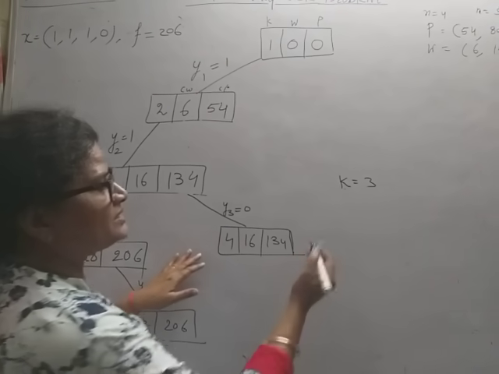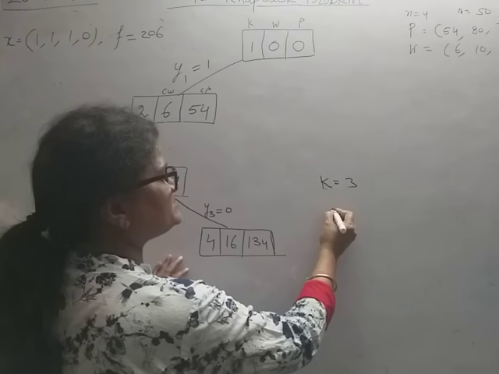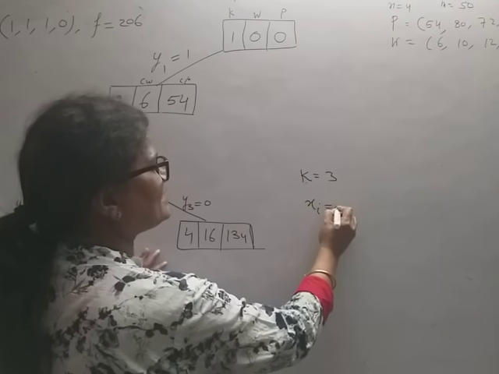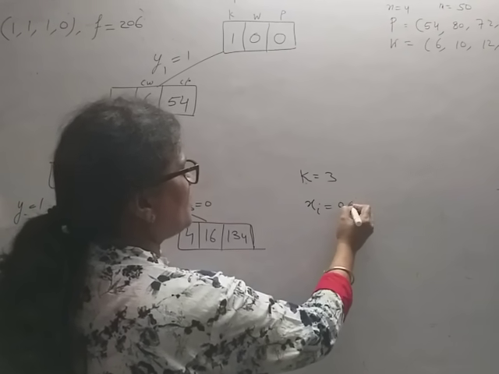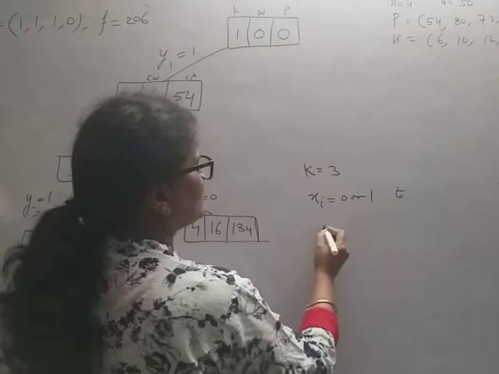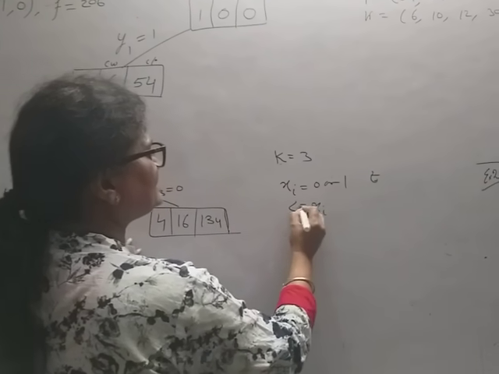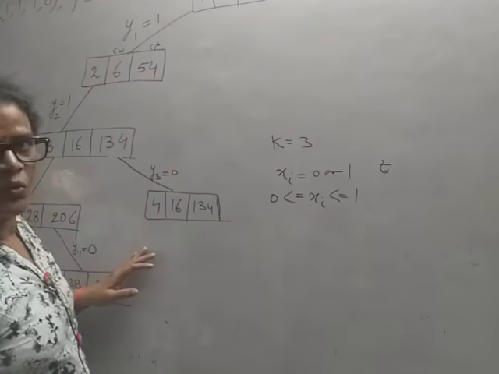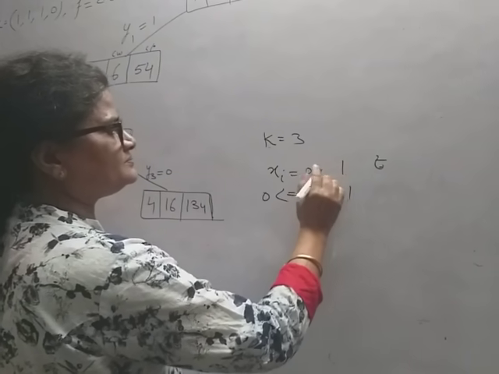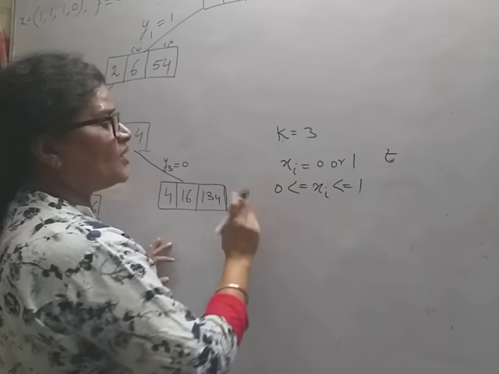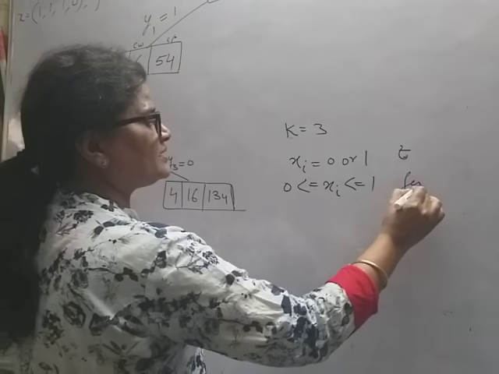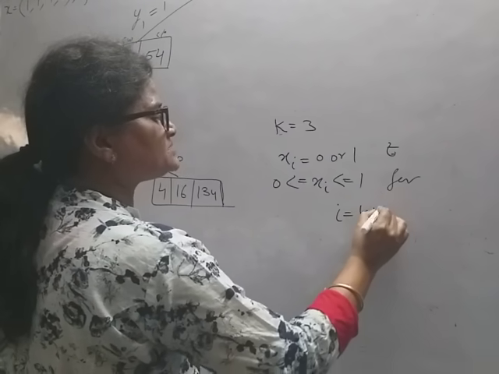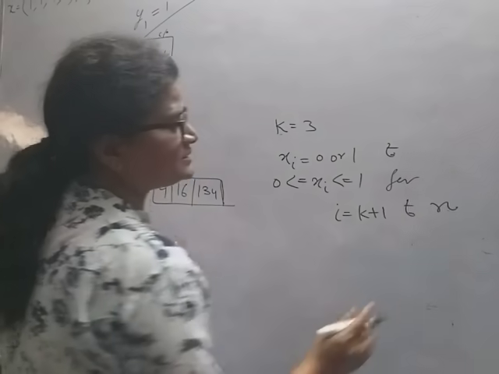So for all objects i, we relax the condition xi from 0 or 1 to xi greater than or equal to 0, less than or equal to 1, for i equal to k plus 1 to n.